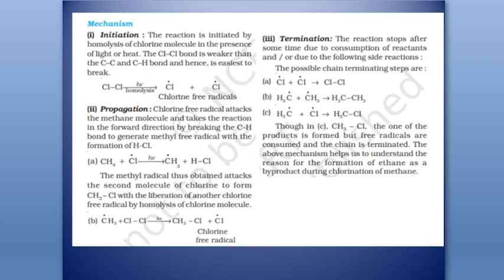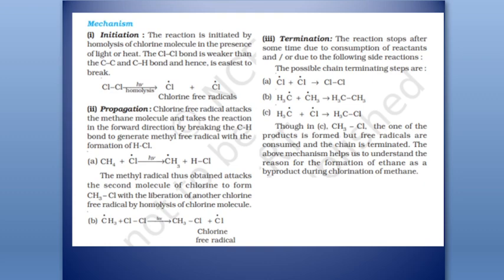Then the CH3 dot radical will combine with another Cl2 in the propagation process. So it will generate CH3Cl, CH2Cl2, CHCl3 and CCl4 one by one depending upon the concentration of the chlorine.